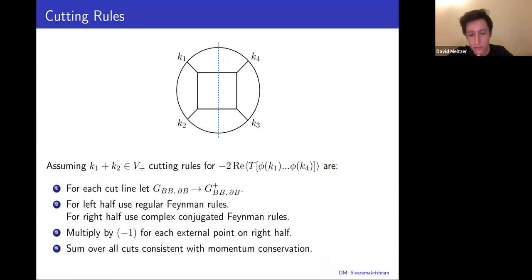I'll get to this in a few slides, but basically the on-shell bulk to boundary propagators would just be the normalizable bulk modes. So it's a solution to the bulk equations of motion that is finite with the Klein-Gordon norm. So that's a sense in which it's on-shell. Thank you. You're welcome.